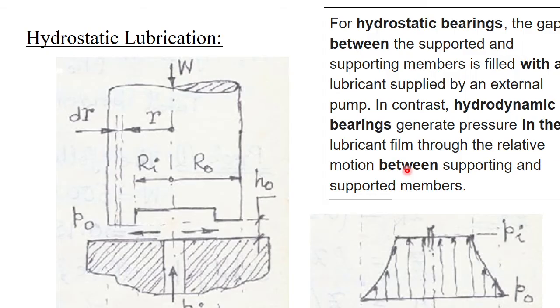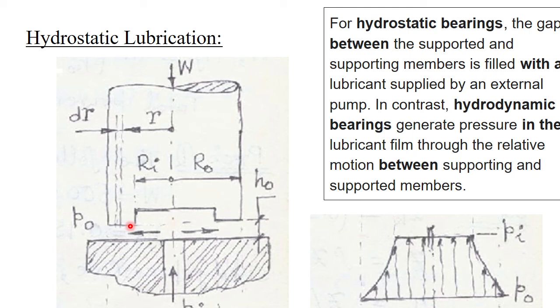And another part is the hydrostatic lubrication, we didn't focus on that. Now, hydrodynamic action is available only when the rotational speed is quite high. Now what will happen if the rotational speed is very slow or very low?